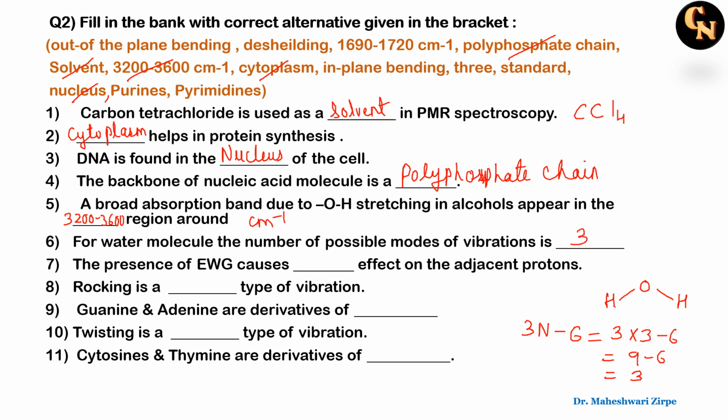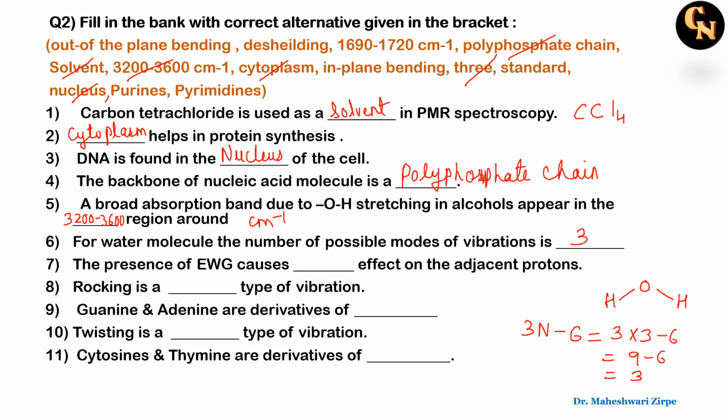So I think it is given in the options. Yes, here it is. The next is, the presence of EWG is what? EWG is nothing but electron withdrawing group. So the presence of electron withdrawing group causes dash effect on the adjacent protons.